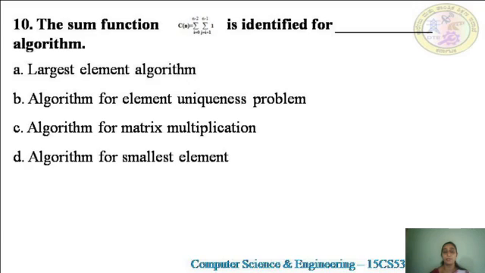So in the fourth step, we determine the sum of basic operations, right? We had studied two algorithms.